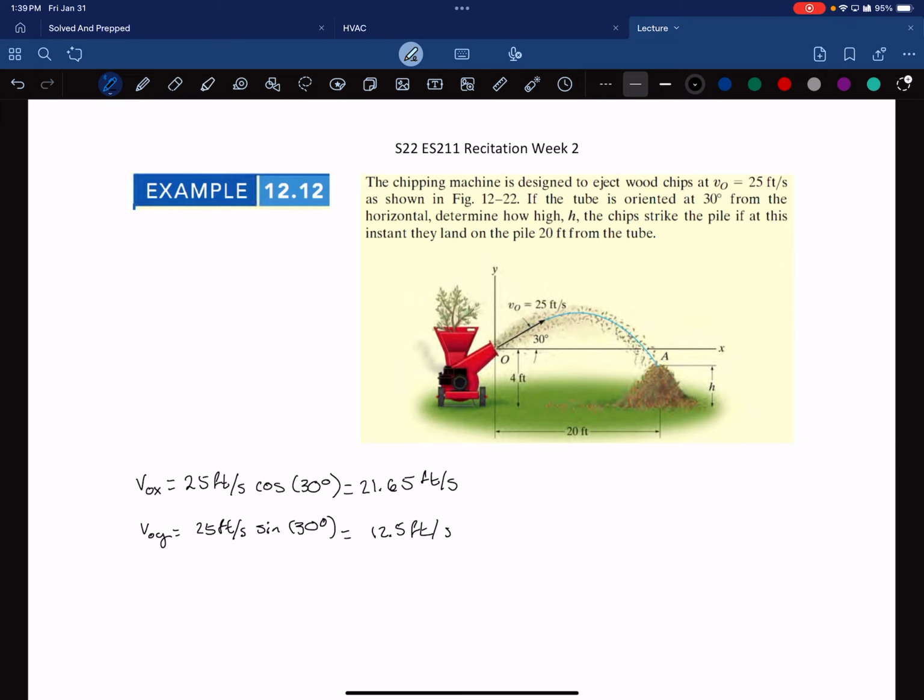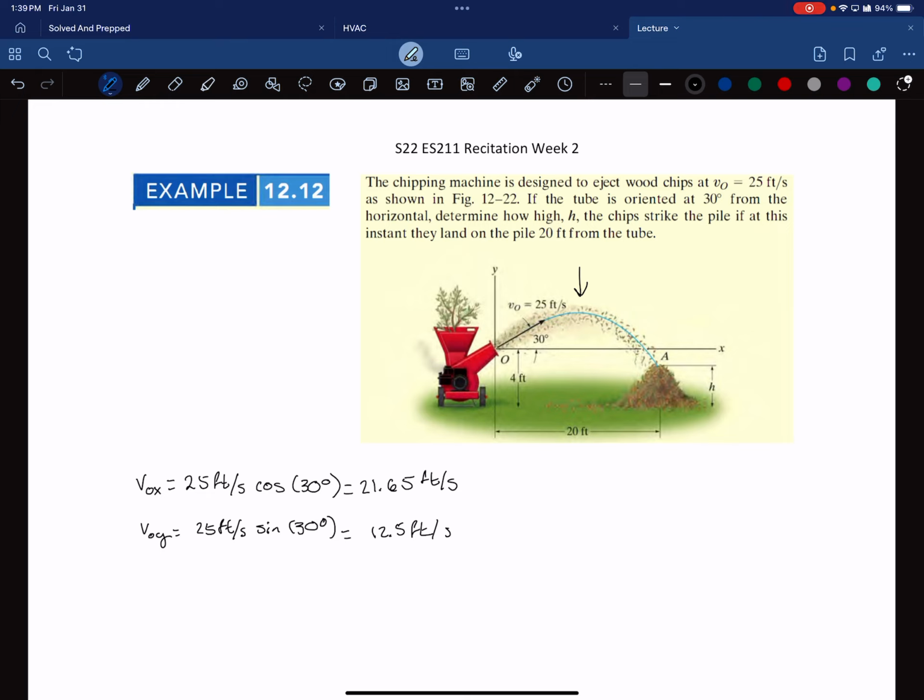So we're also thinking about acceleration, since we're doing kinematics and we can assume that we might want to know something about the acceleration. We're not told that there's any acceleration on any of this, so we can assume that it's just gravity and that there is no horizontal acceleration.